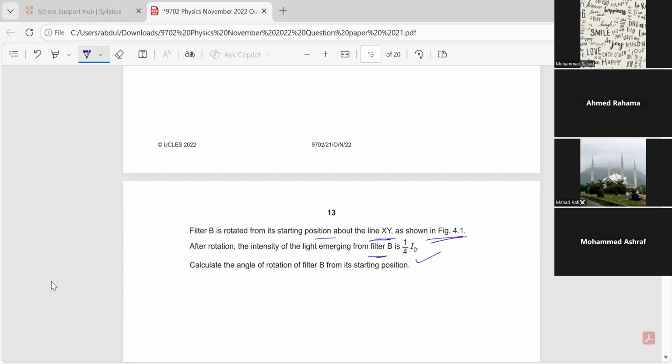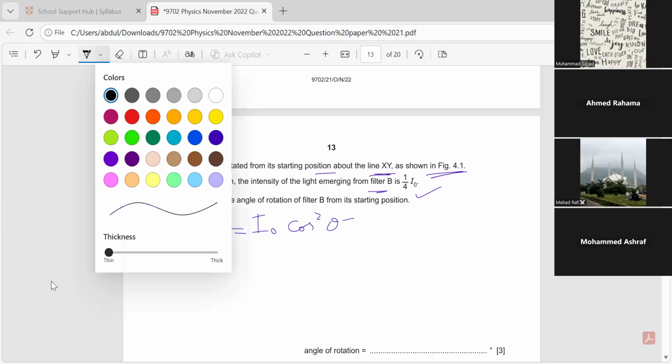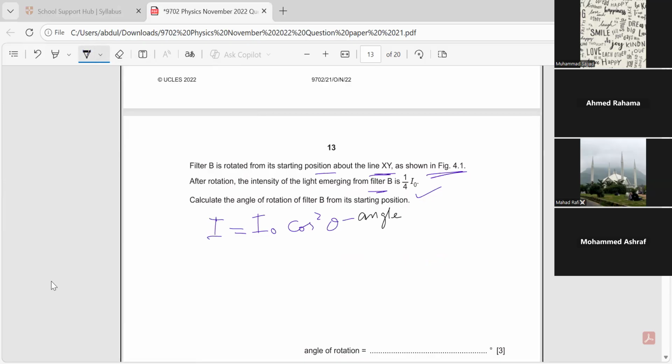Now, what is Malus's law? I is equal to I naught cos square theta, where theta is the angle between the vertical and the new position of filter B. First of all, let's calculate this angle.